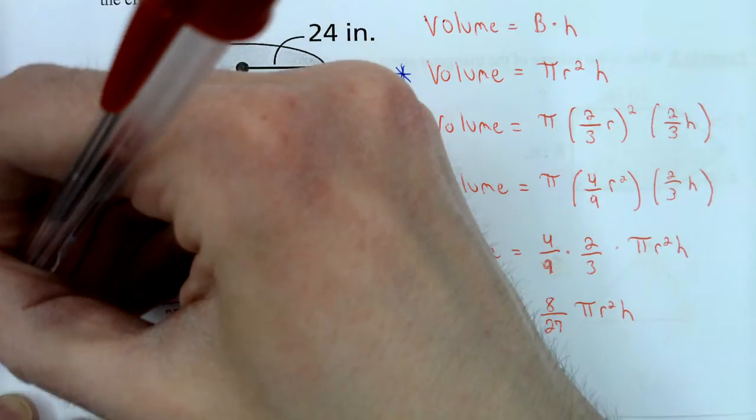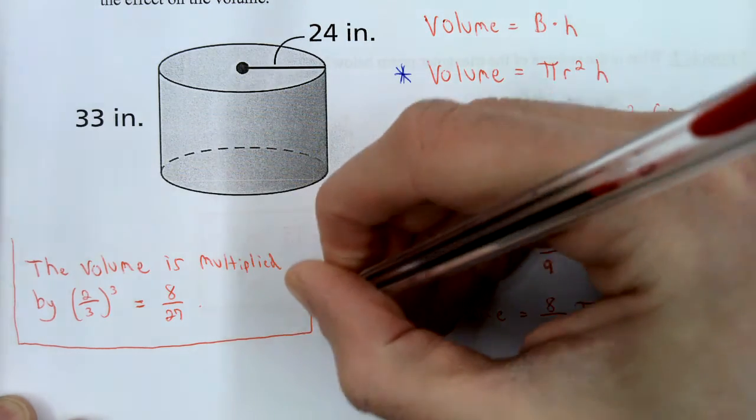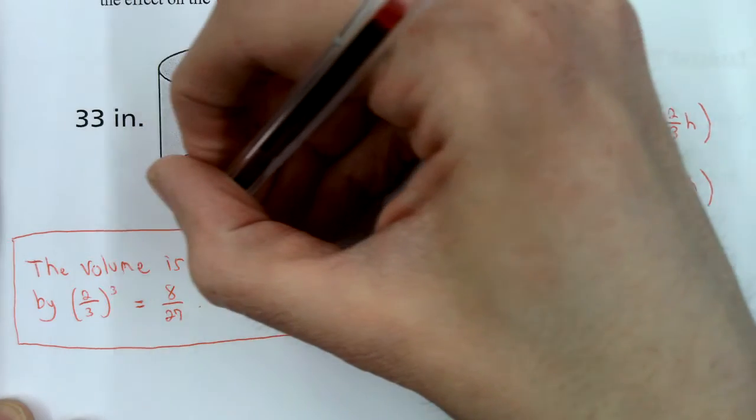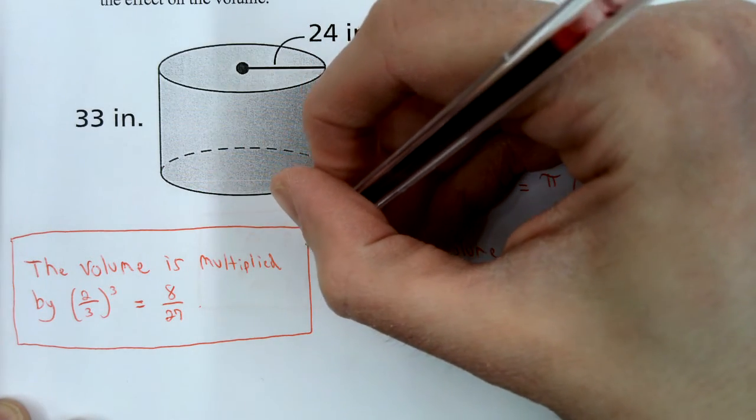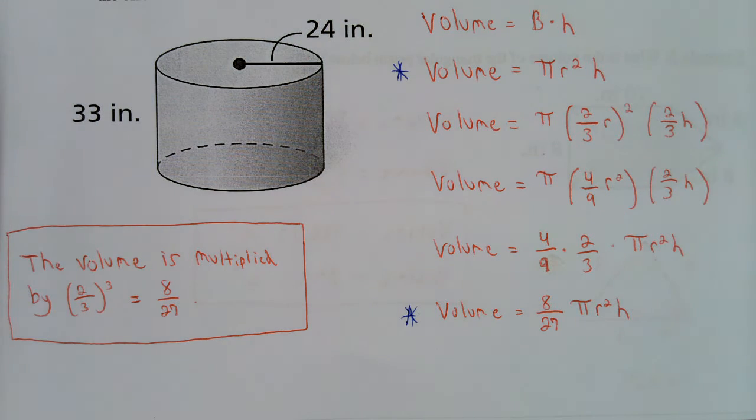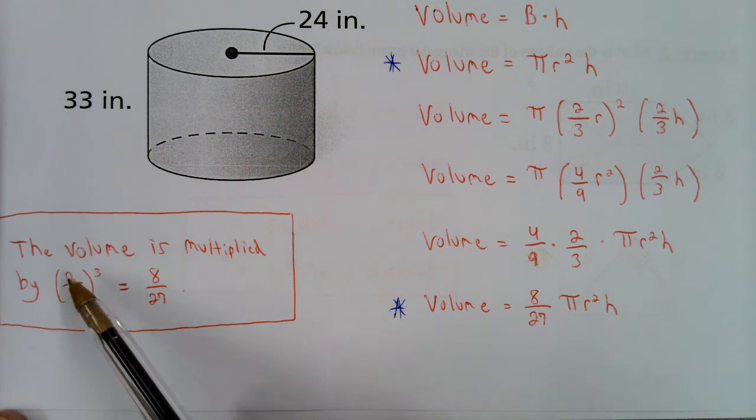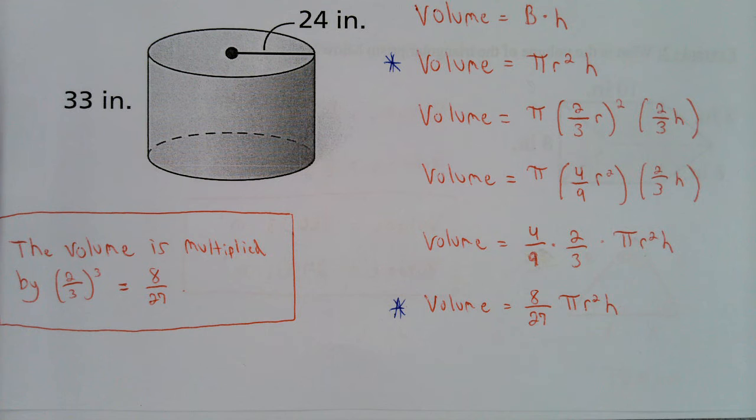That's what changed. That's how the volume was changed. By multiplying the radius by 2/3 and by multiplying the height by 2/3, the volume is multiplied by 2/3 cubed, which is 8/27, which you can see right there.